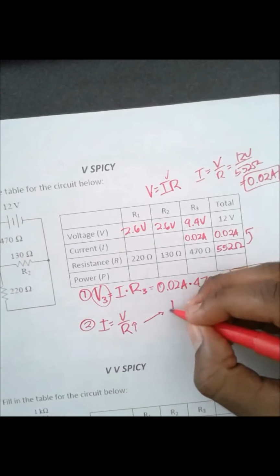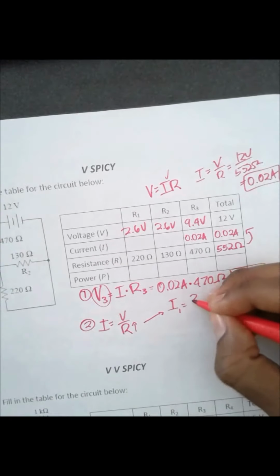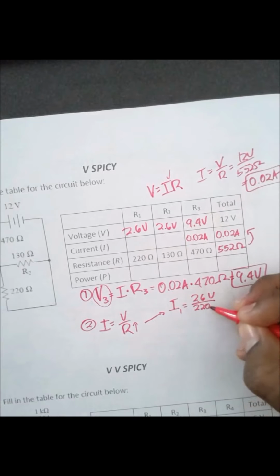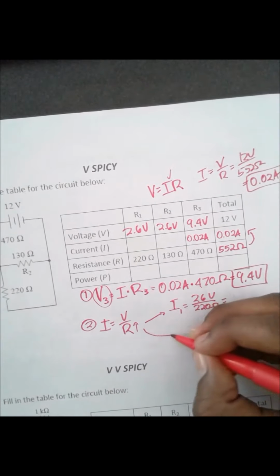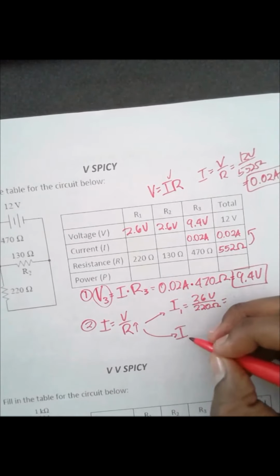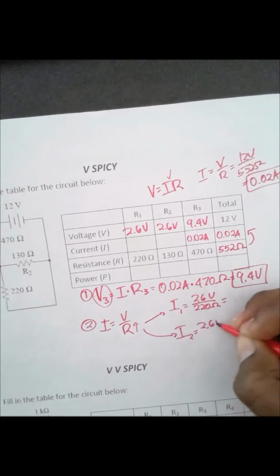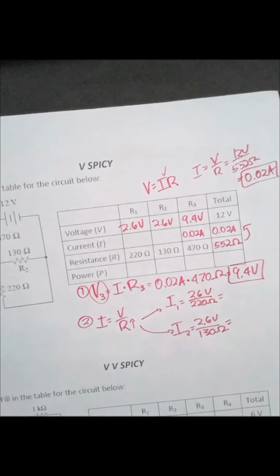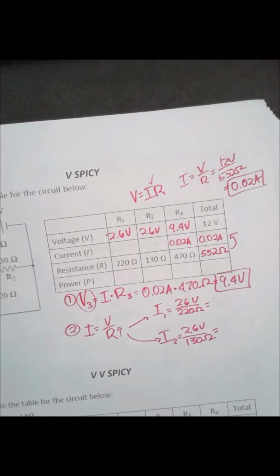Let's do this. For I1, the voltage is 2.6 volts over the resistance here, which is 220 ohms. I'm going to plug it all into my calculator at once. I2 is equal to 2.6 volts divided by 130 ohms. So 2.6 divided by 220 is equal to 0.012.